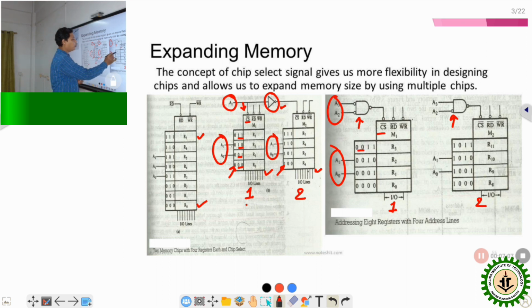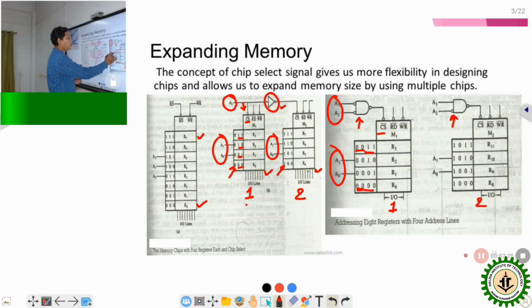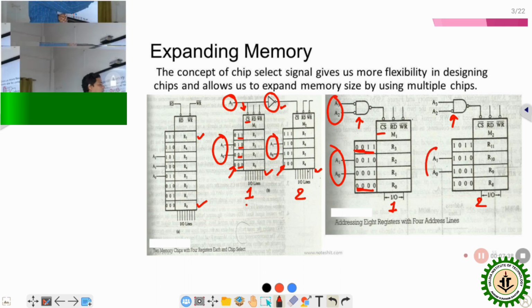As per the circuit, the chip select will be enabled if A2 and A3 are both 0, because in front of the NAND gate there are 2 NOT gates present. So in this particular case, the address range will vary from 0000 to 0011. Similarly, in the case of memory chip 2, where we can also observe 4 registers present, 2 address lines are insufficient.